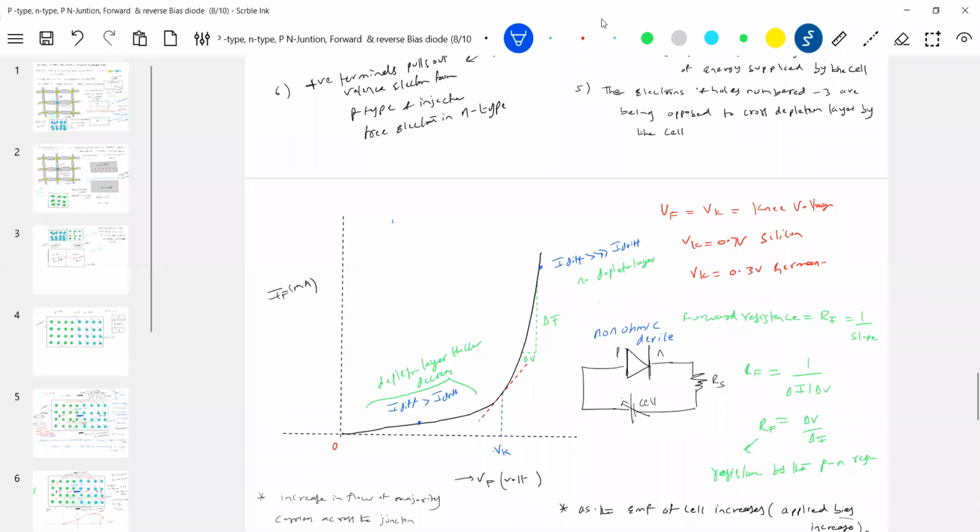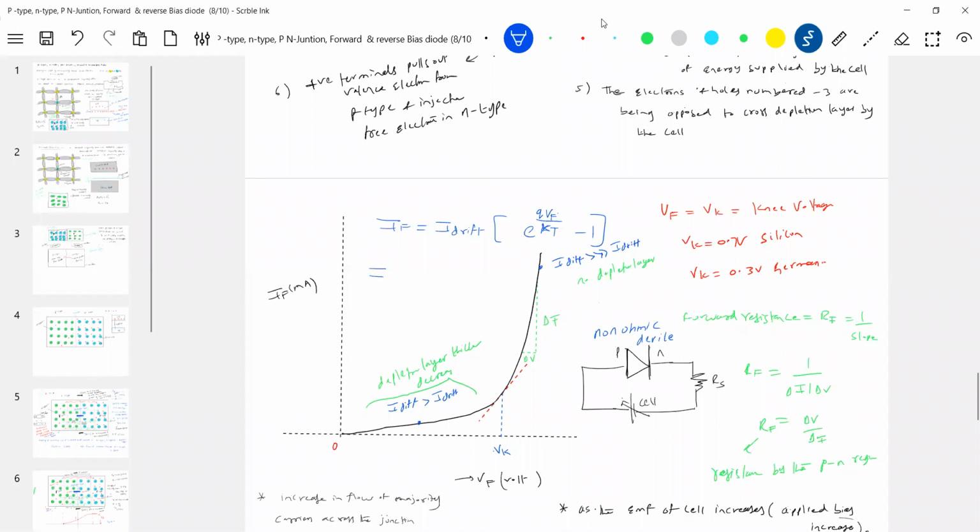The forward current is equal to I drift into e to the power of charge times barrier potential, or the forward voltage, by kT, minus 1. And what is this I drift that I'm saying?